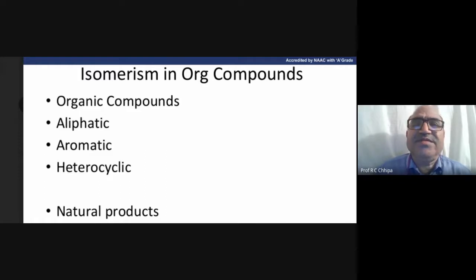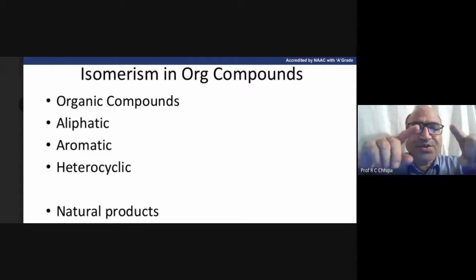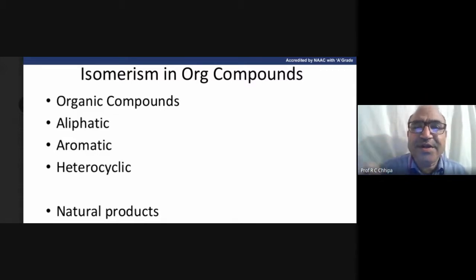Benzene itself is a cyclic compound, but in benzene, three double bonds are present in a cycle, and its shape is hexagonal. So here the aromatic compounds are benzene and its derivatives. What do we mean by derivatives?